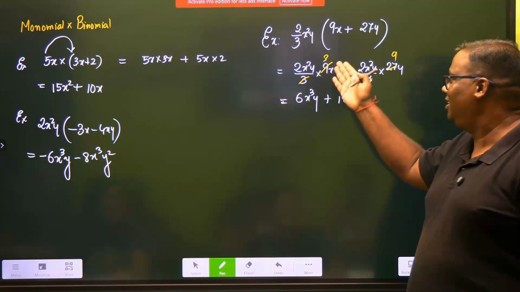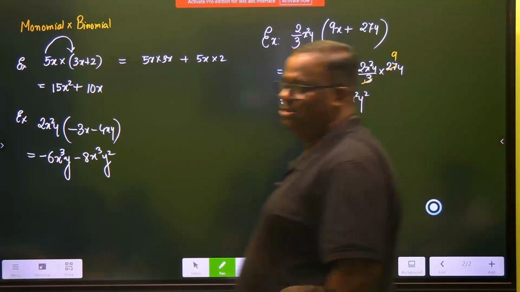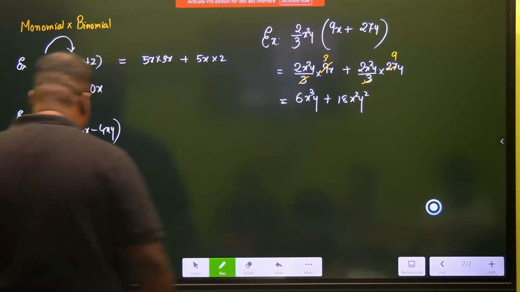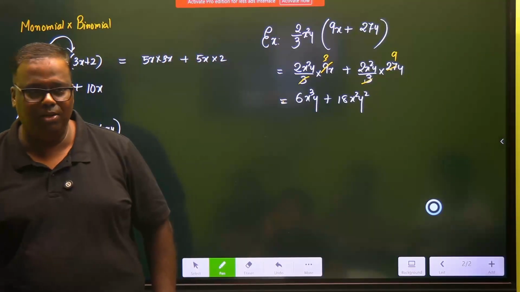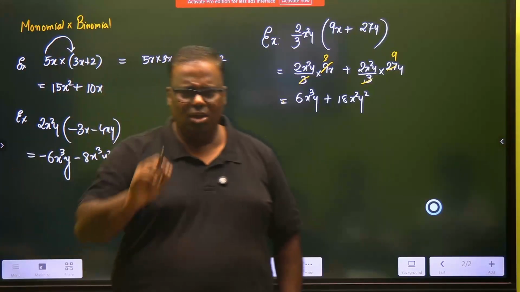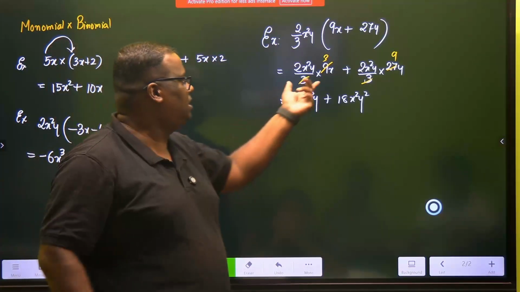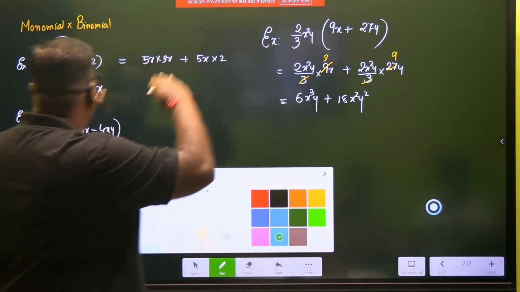Cutting, you do the cutting here, and cutting you get a 3, and cutting you get 9. But make sure you do the right cutting. Otherwise, your sir will be marks cutting. So have you understood how to do mono into bino? Now one thing, just check. We first did mono. If you see this step, see this is a very gradual chapter.